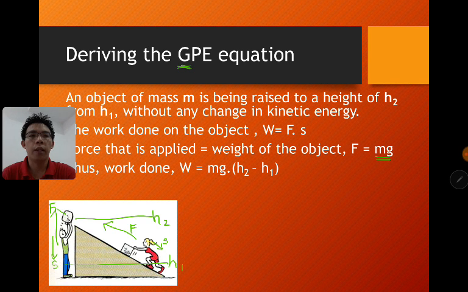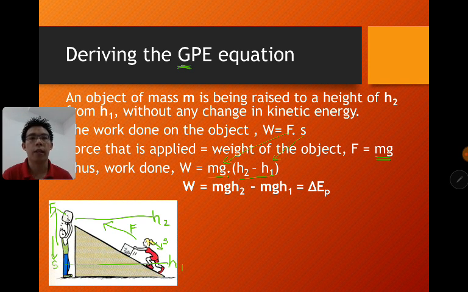So work done is mg times (h2 minus h1). We changed the F into mg, and we changed S into h2 minus h1. Then we see that it is actually mgh2 minus mgh1.